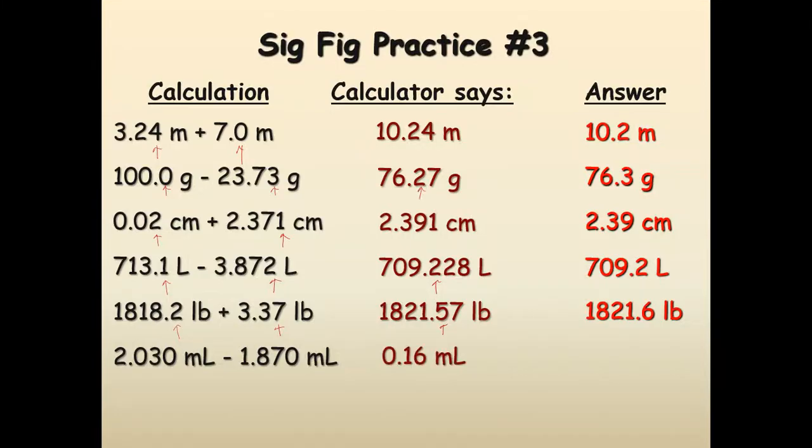milliliters, and I get this. That's what my calculator gives me. But notice this number goes to three decimal places. This goes to 3. So my answer has to go to 3, which means I have to tack a zero on there and make it 0.160 milliliters.